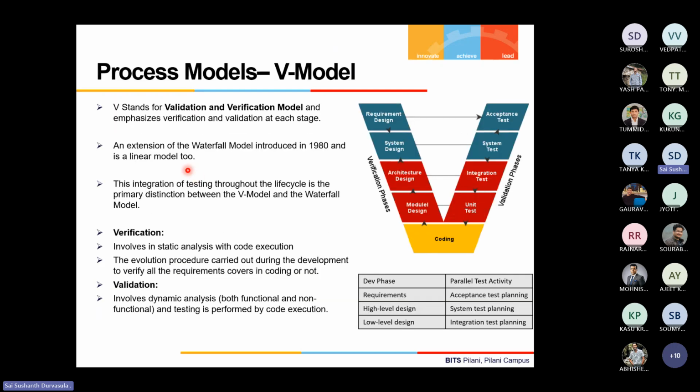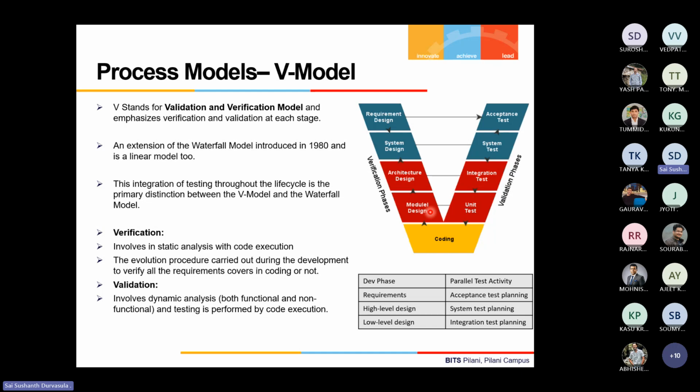So that way it is basically an extension of the waterfall model introduced in the 1980s. It is also linear because both of these converge at the point where code is given, right? Only when code is given out can they execute these. Only the planning and the test case preparation is done in parallel, but execution can only be done once the development team gives the code, right?